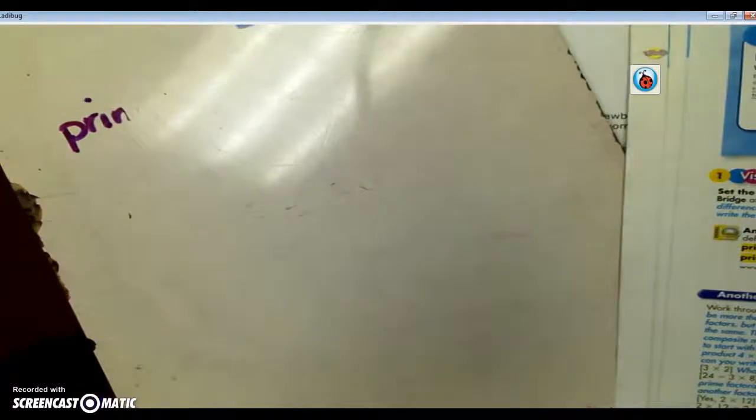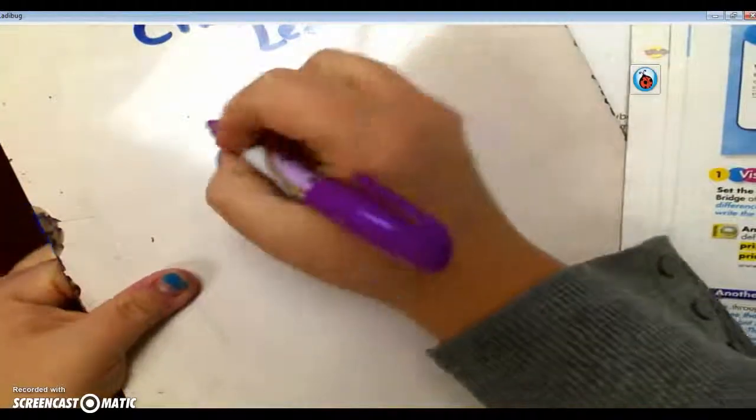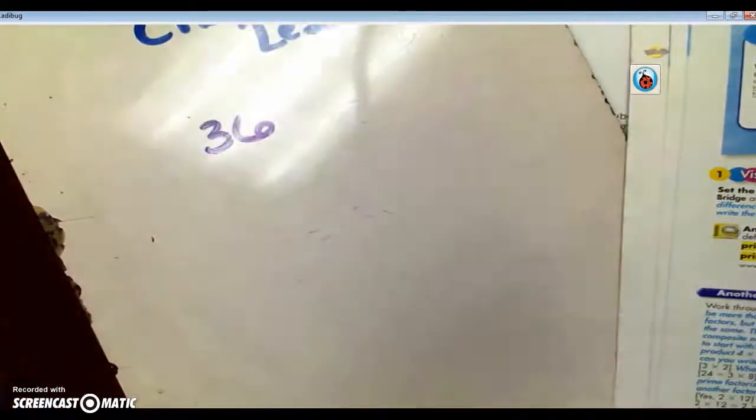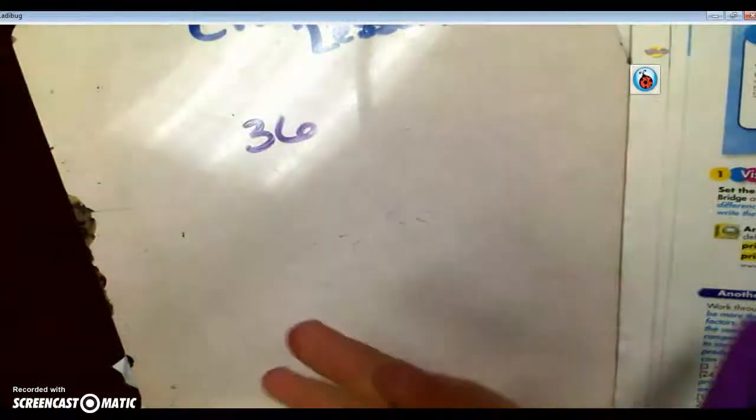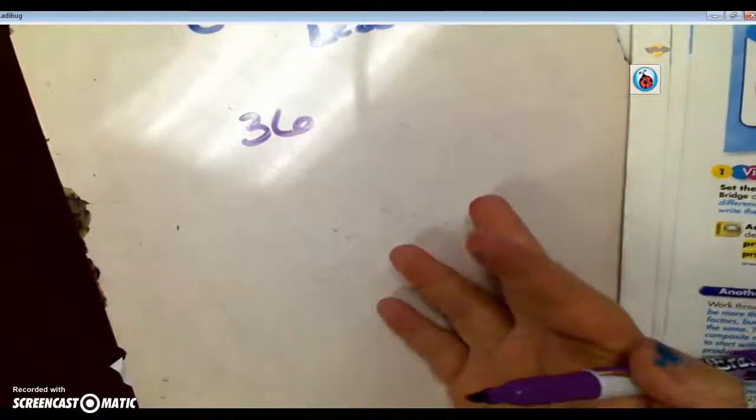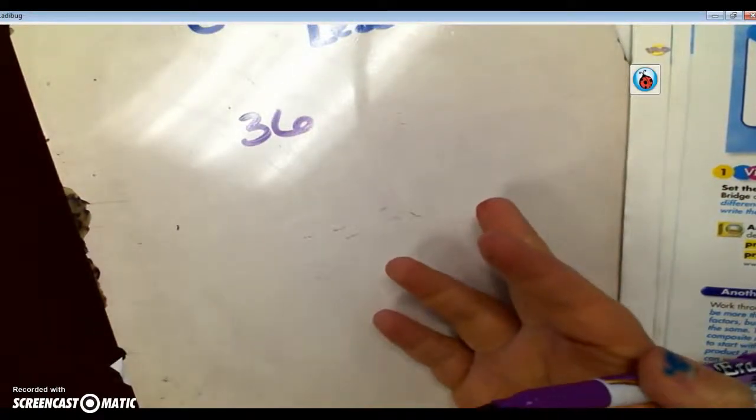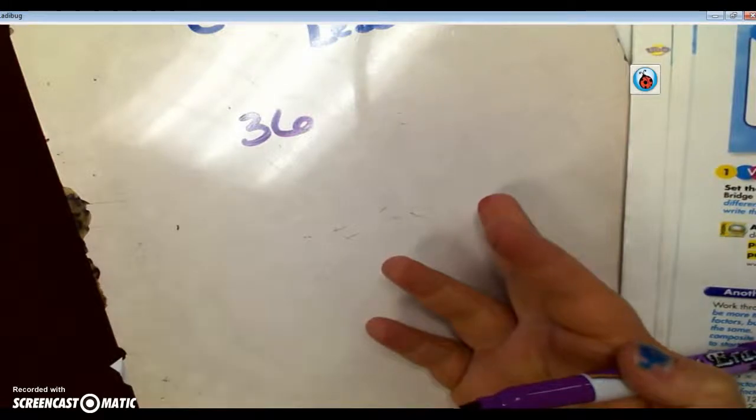Okay? And composite means what when I look at the definition, Emily? So when I look at the number 36, if I think about factors, two numbers that I can multiply together to get this number, tell me two numbers I can multiply together to get 36.